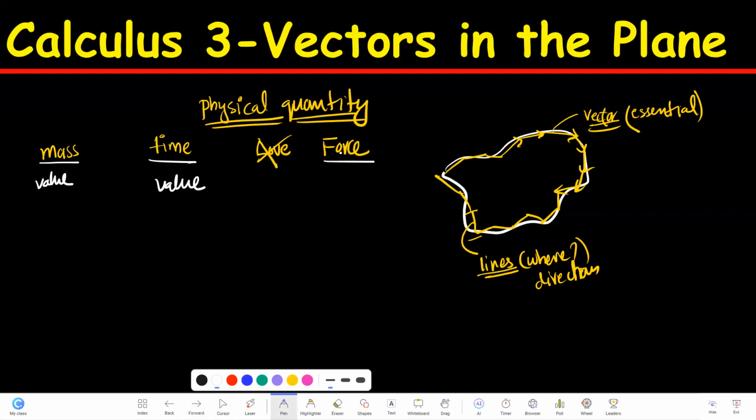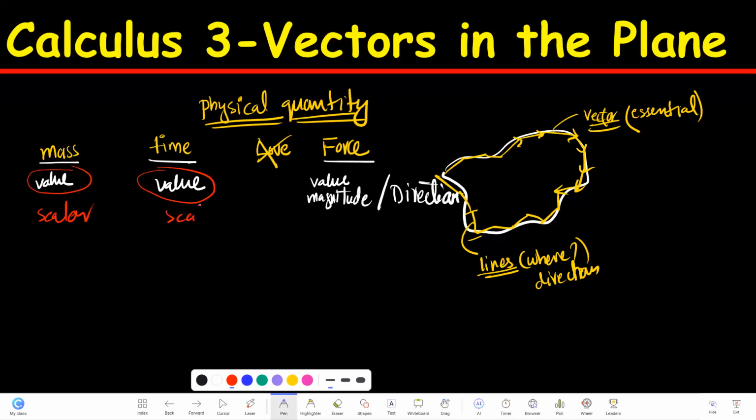Force has both magnitude and direction. Magnitude means how much, and then there's direction. What I call the ones that only need a value are scalars, and the others are vectors.